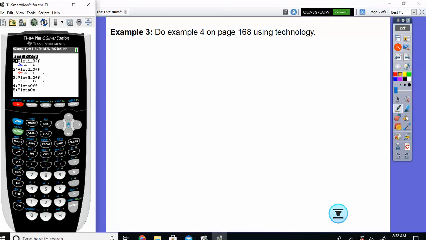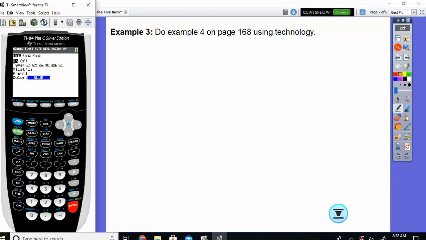So let's go into plot number 1. First of all, you need to turn it on. Second of all, the type, I want the box plot that's the next to last one. So the very last one is a line graph. The one right before that is your box plot. Says my X list is L1, so we're good with that.